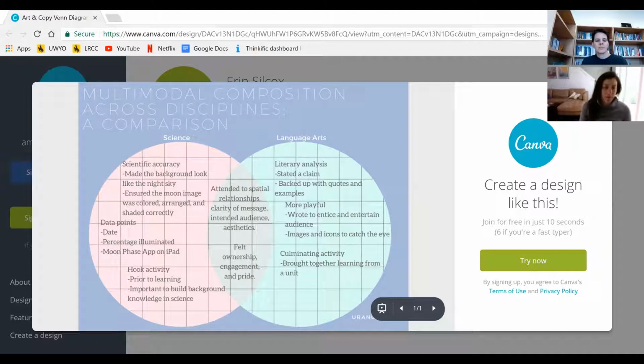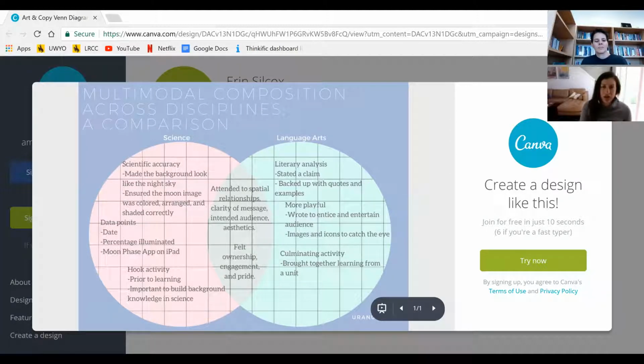The other thing necessary for accuracy was the actual moon: making sure it was a perfect circle, the right color, and arranged and shaded correctly using the right shapes. There could have been several different ways to do it, but I chose a circle with a crescent over it. And in the scientific multimodal composition, the data was really important.